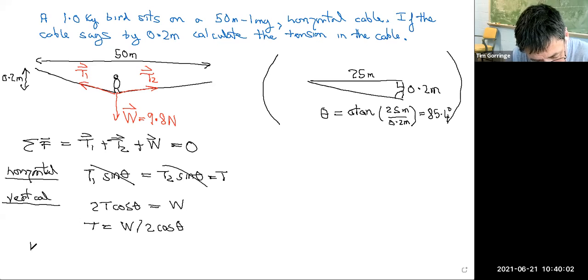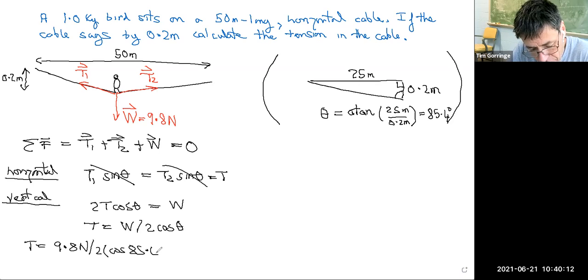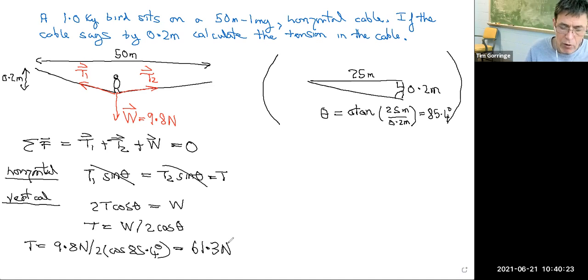And if we calculate this, 9.8 newtons divided by 2 divided by cosine 85.4 degrees. I calculated it earlier on, and I got 61.3 newtons. And so 61.3 newtons is the size of the tension force T1 on the left.